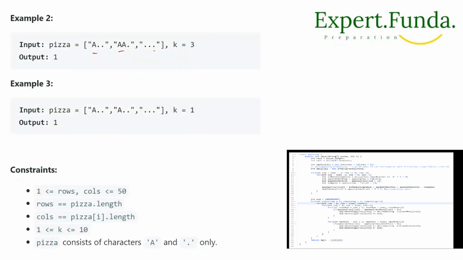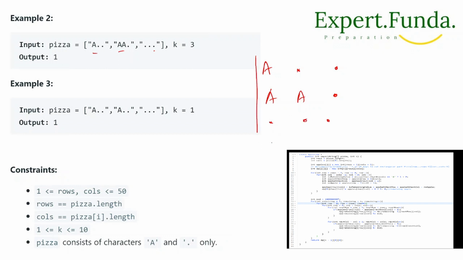Similarly here, first we have given an apple, then 2 dots, right? Again we have given apple and dots. Again we have given three dots, right?